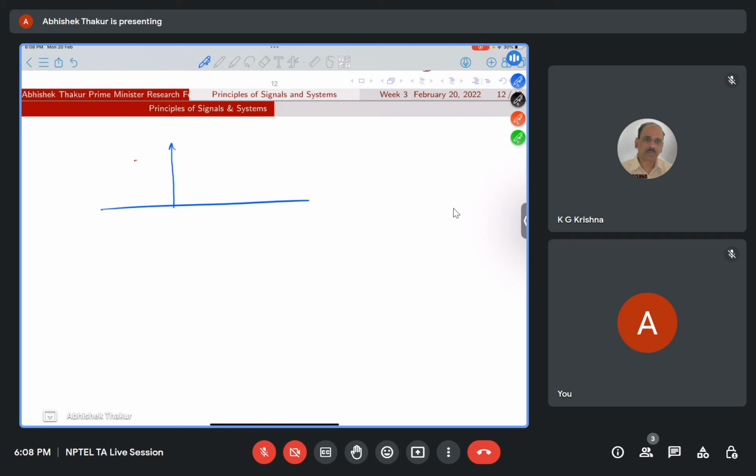So let's suppose we are taking, from here it is 0, it is 1, it is 2, for 2 it is 3, and for other values we are taking 0.